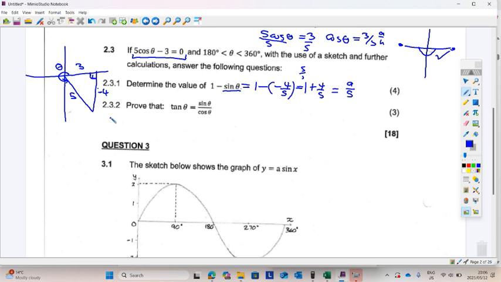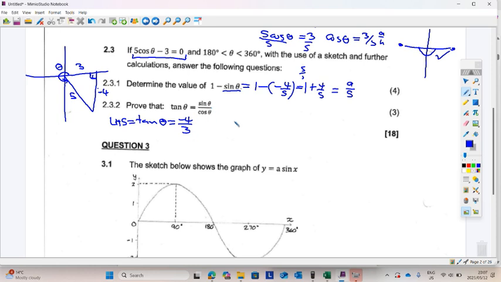So let me start with the left hand side. My left hand side is saying tan theta. From my diagram here, what is the tan theta? Tan theta is opposite over adjacent. So the tan theta here is -4 over 3.